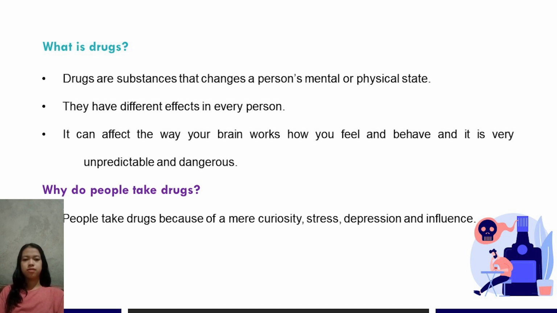So, what are drugs? Drugs are substances that have the ability to change the physical and mental state of a person. They have a different effect on every person and are extremely unpredictable and dangerous. They change the way your mind works and how you feel.